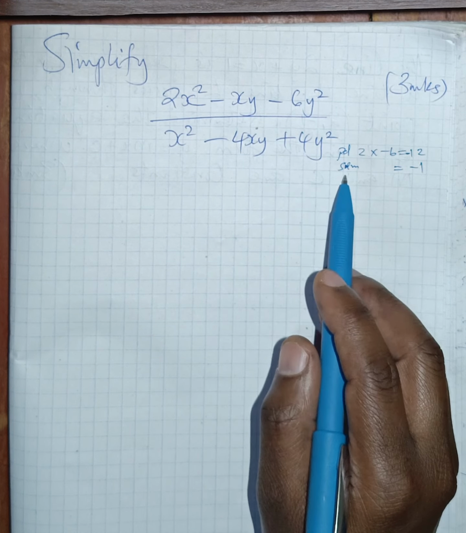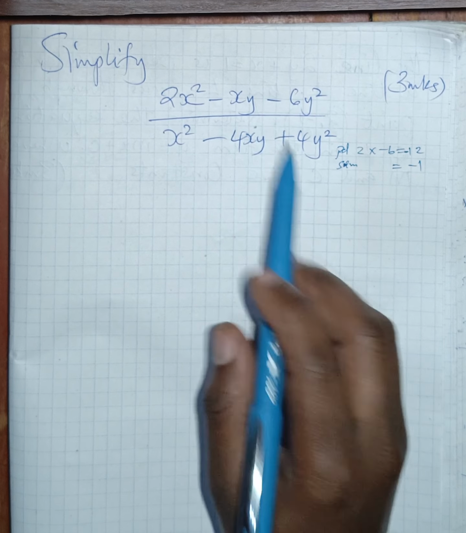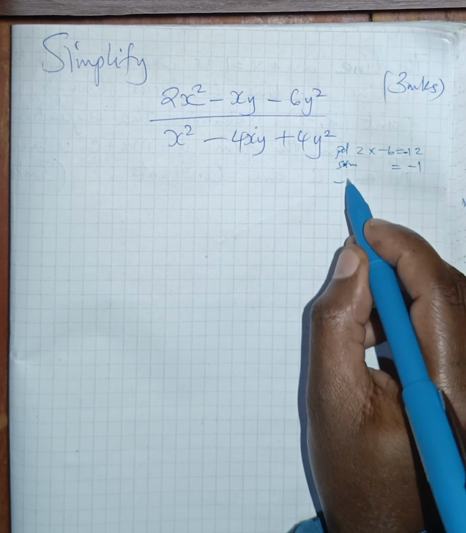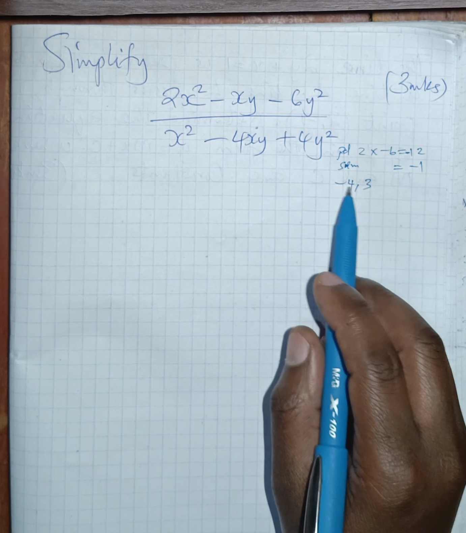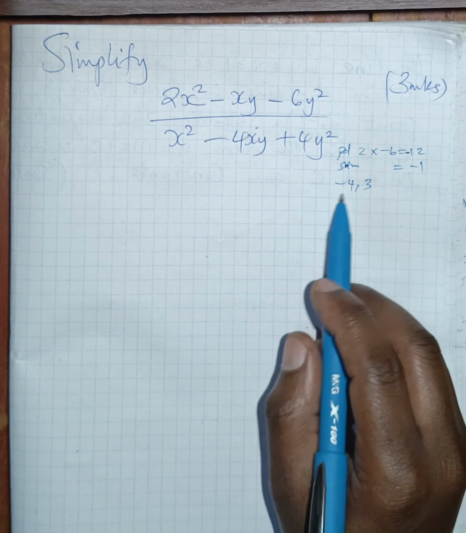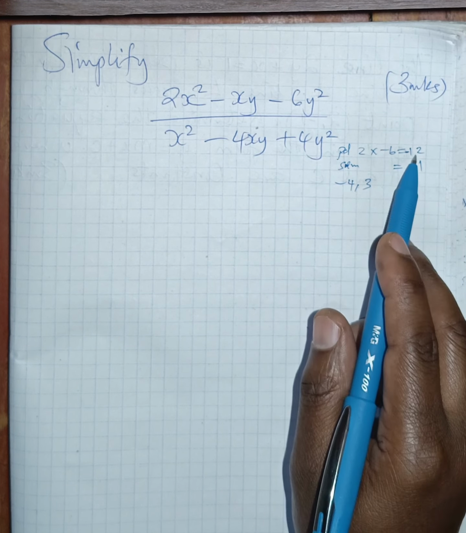So those two numbers are negative 4 and 3, because negative 4 plus 3 is negative 1, and negative 4 times 3 is negative 12.